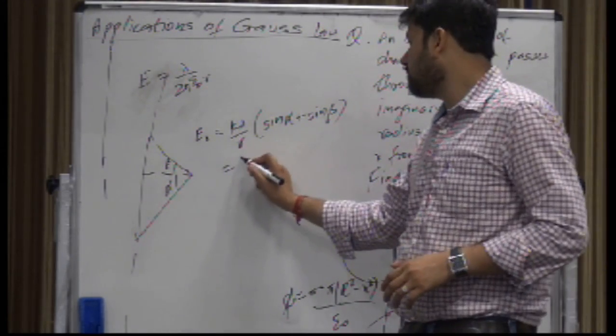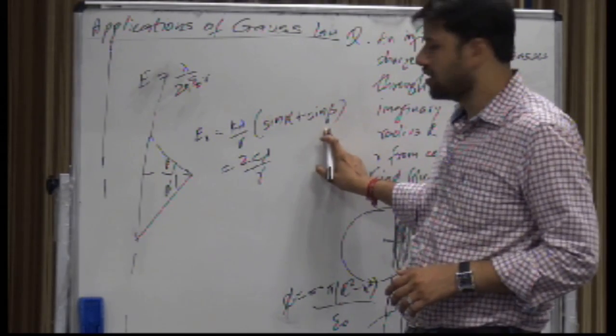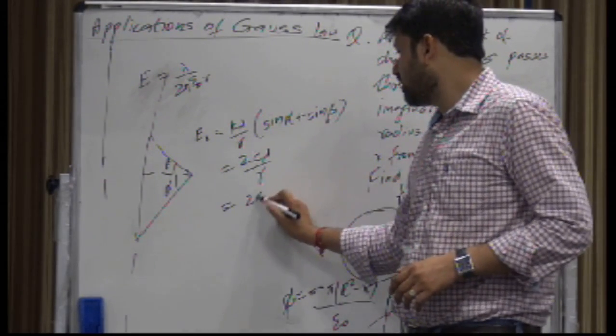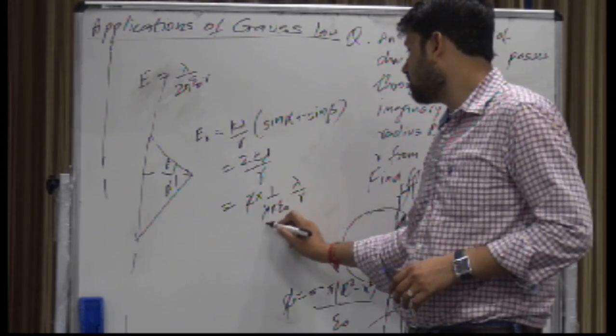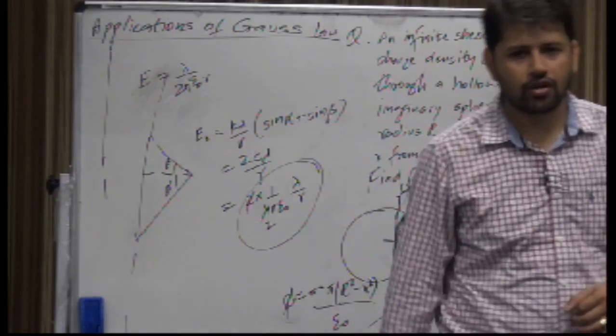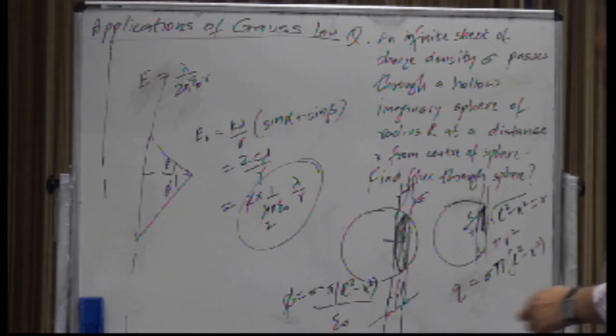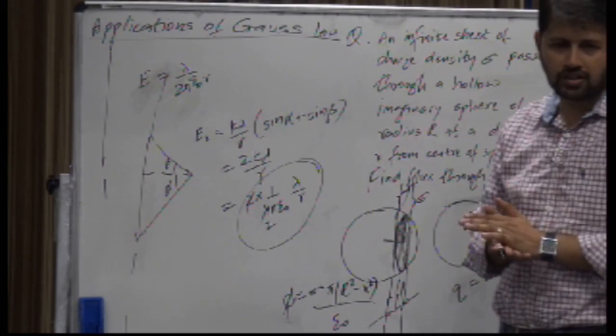So it would become 2k lambda by r, sin 90 plus sin 90, 1 plus 1, and 2 into 1 by 4 pi epsilon naught lambda by r. You get the same thing. So what we did yesterday was a general case of the same thing which you know. Is it okay?